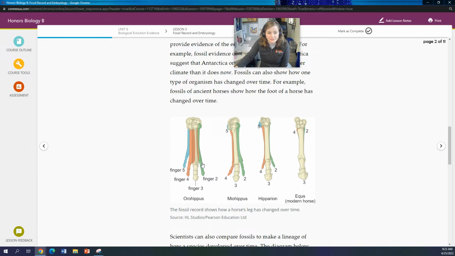But the foot has changed remarkably as well. It has gone from primarily multiple fingers to just a single hoof in modern horses. And so what we're seeing here is a change in the horse leg over time. And we have Orohippus, Myohippus, Hipparion, and Equus, which is our modern horse.